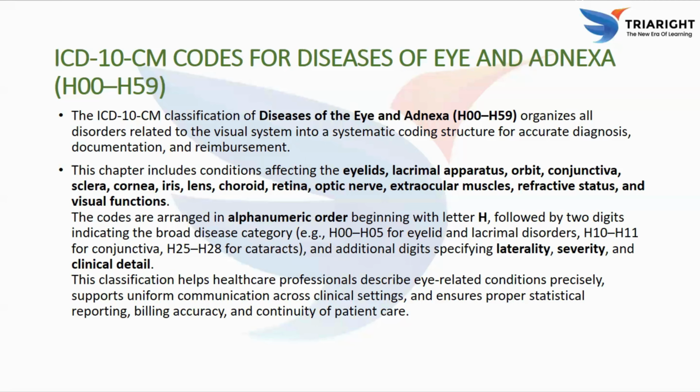So this ICD-10-CM classification of diseases organizes all the disorders related to the visual system. This chapter includes conditions affecting the eyelids, orbit, conjunctiva, sclera, cornea, iris, lens, choroid, retina, and each and every part of the eyeball.